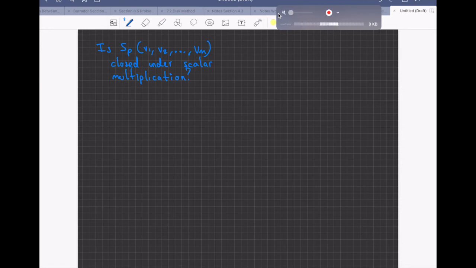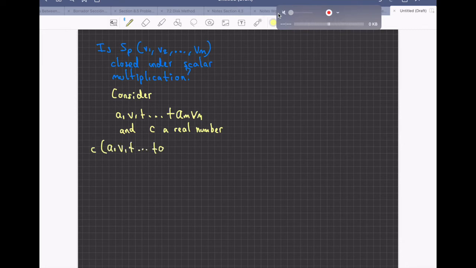Again, consider one linear combination, A1 B1, and so on, AM BM, and C a real number. If you do the multiplication, C times this, from the properties of vector spaces, I can multiply C times all the elements in the sum.